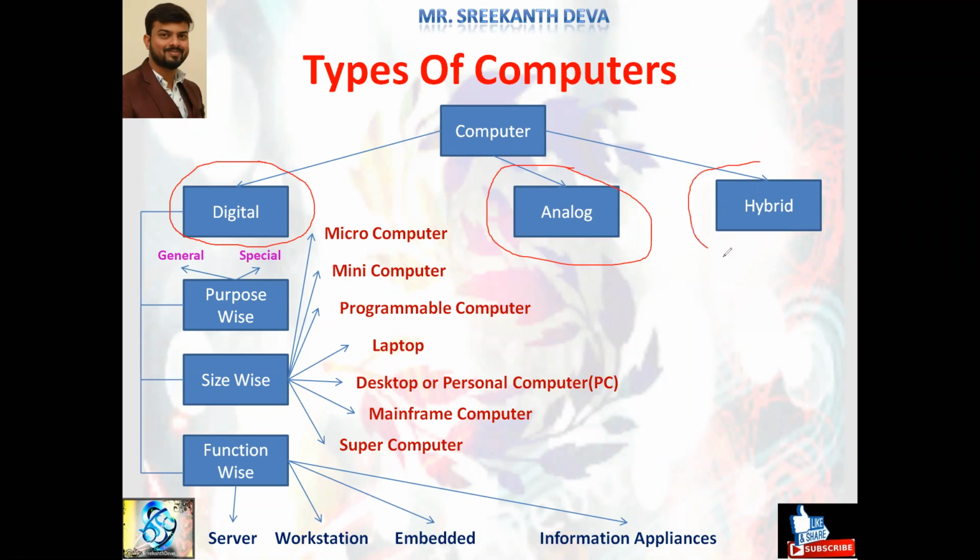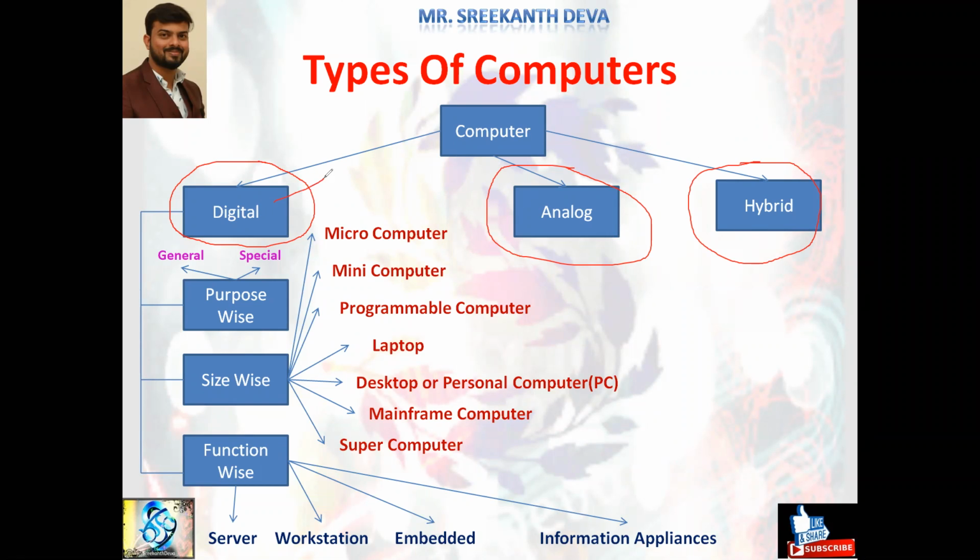The third one is hybrid computers. Hybrid computers are the combination of both analog and digital computers. They work on continuous as well as discontinuous data.